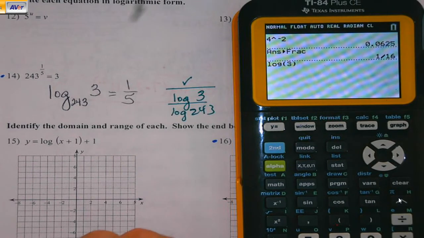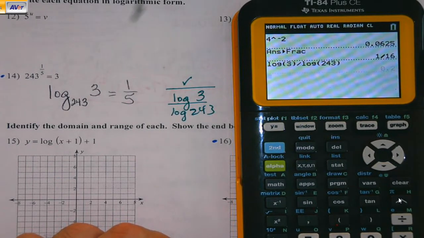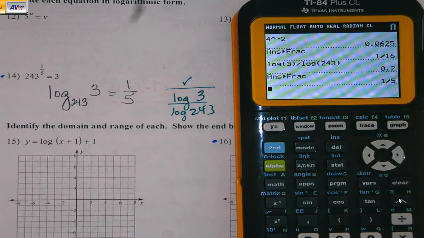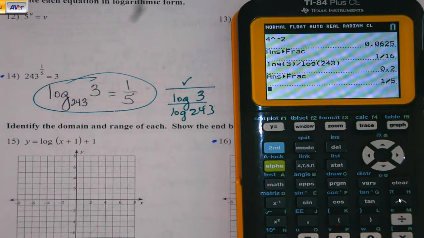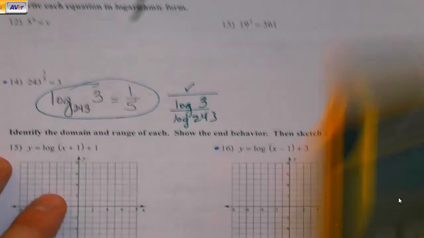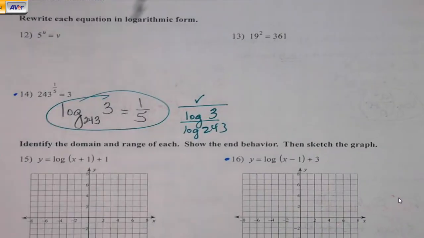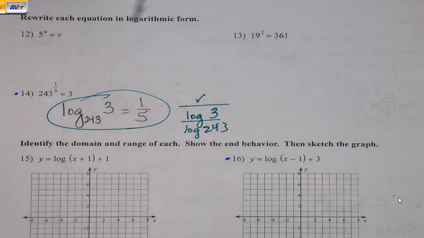So log of 3, again, log's down by your 7, divided by log of 243. Math, enter, enter, 1/5. Bingo. Okay. And if it's not a number sometime, you're just going to have to trust yourself or look at your other ones to see if that's going to work.